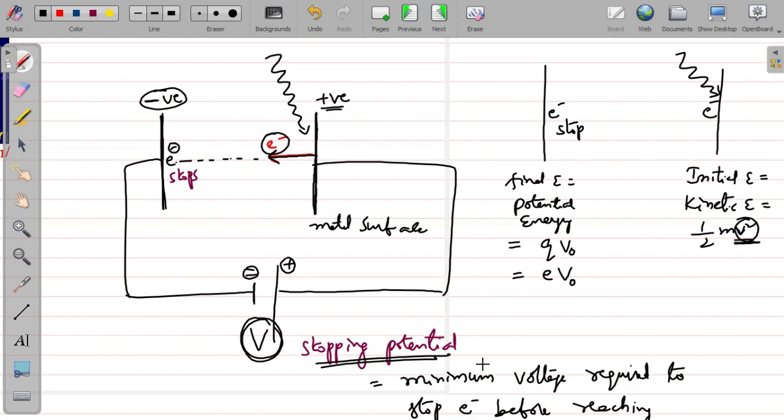Now, according to energy conservation, the initial total energy must be equal to the final total energy. The initial total energy is only kinetic energy and the final total energy is only potential energy.